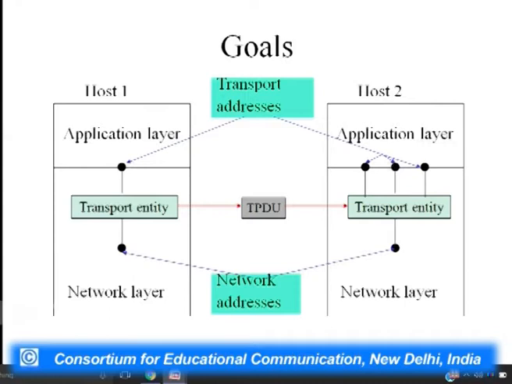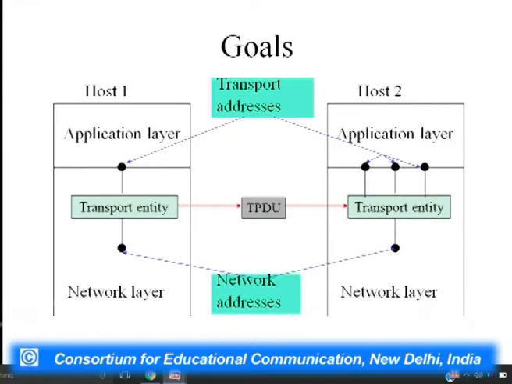That means from the application layer on host 1, the data comes to the transport layer entity, and then it is transmitted to the network layer, after making a transport layer PDU, protocol data unit. Now at this transport layer there are two possible protocols in case of TCP/IP. One is UDP, the other is TCP. At a given point of time when an application is running, it can either use UDP or it can use TCP. Both cannot be used simultaneously by an application.